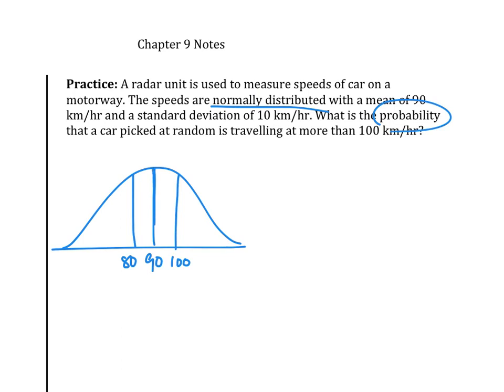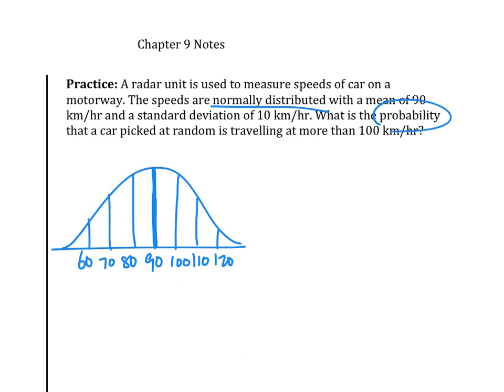Let me make this a little bit darker so you can tell this is the center. Okay, the next standard deviation is going to be another 10 away. So that's going to be 110 and 70. The third standard deviation is going to be another 10 away, so 120 and 60.